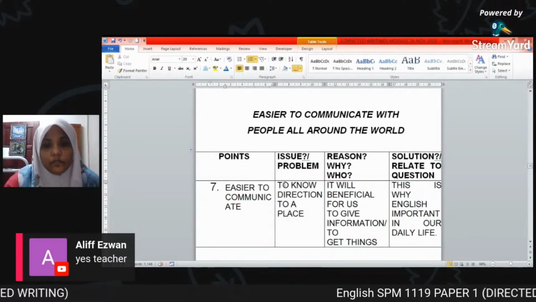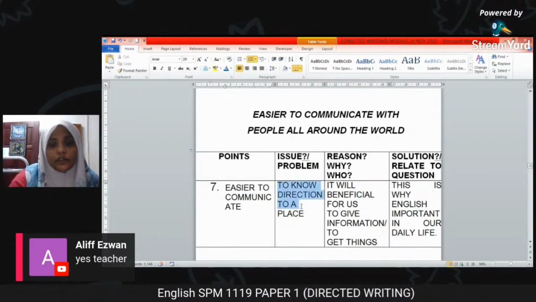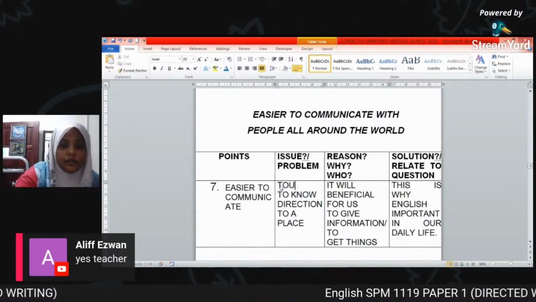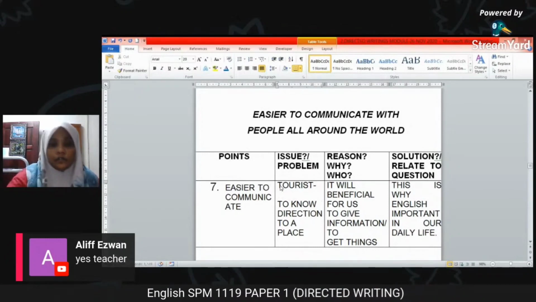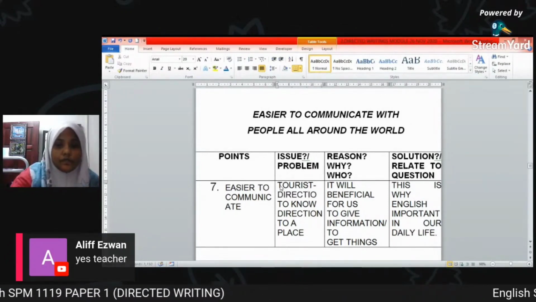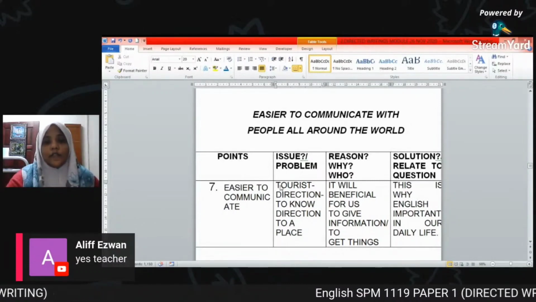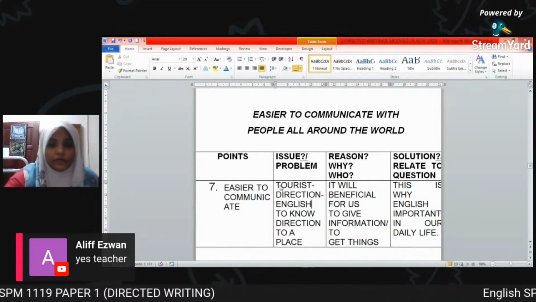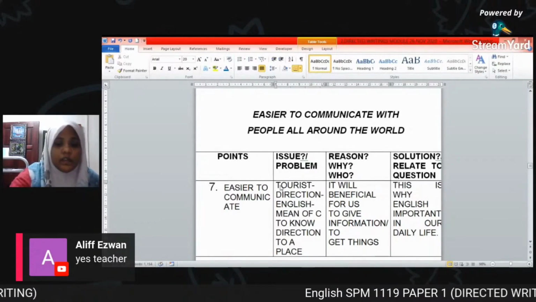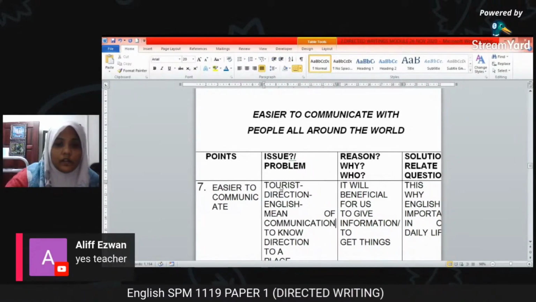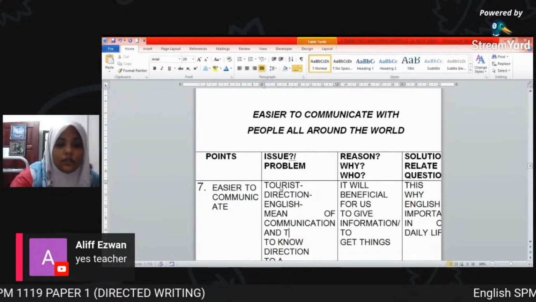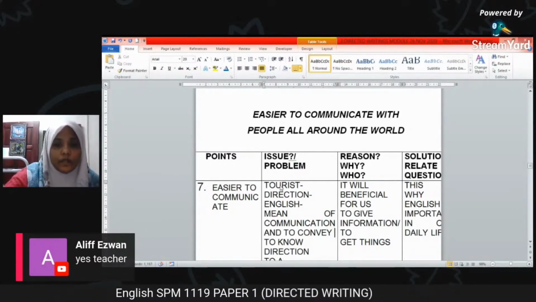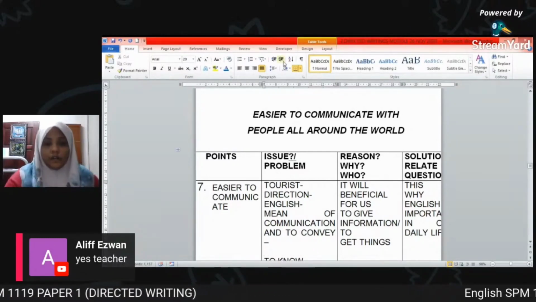So, for example, what is the issue? If there is a tourist asking for direction, how to get to a place, definitely you have to use the English language as a means of communication and to convey the message.